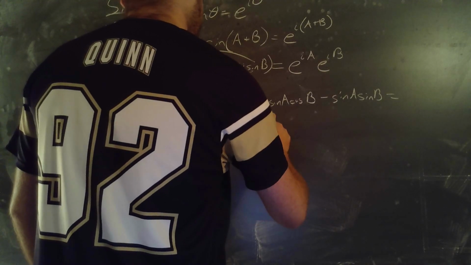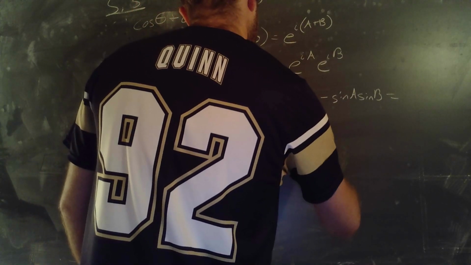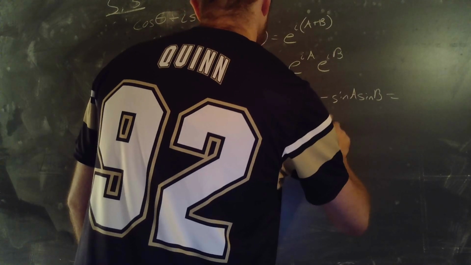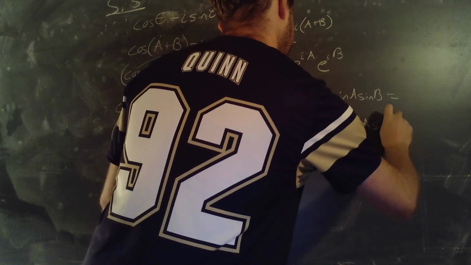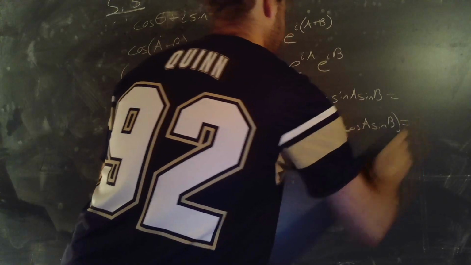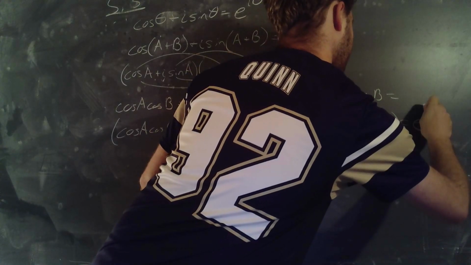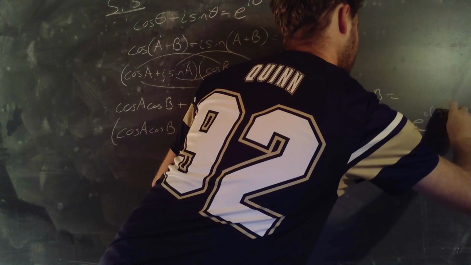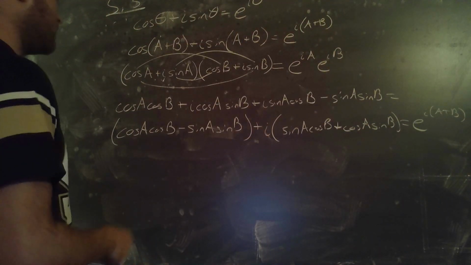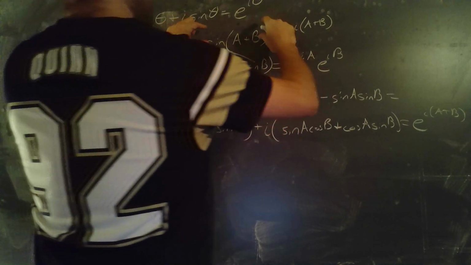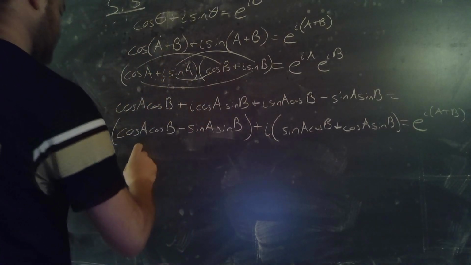And the imaginary part of this expression will be sine of A cosine of B plus cosine of A sine of B. And that's equal to our e to the i A plus B. And then by comparing coefficients here, we can notice that the real part matches the real part and the imaginary part matches the imaginary part. So that lets us write the actual identity.